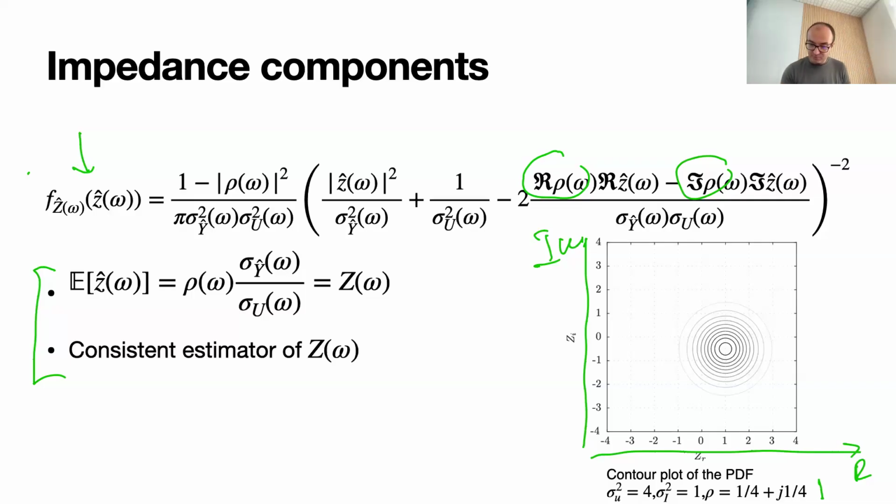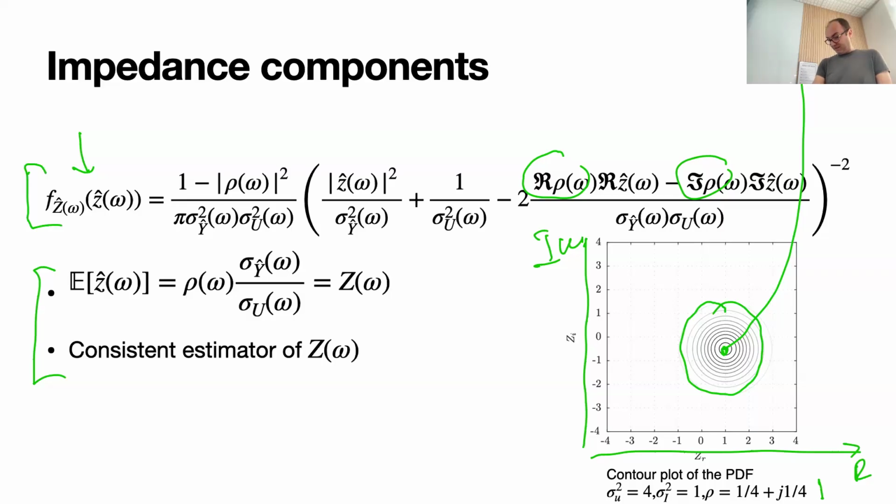And if we draw it, we see those concentric circles here. And the mean value is here. And the mean value is our measured impedance at that particular frequency. So we have circles like this for each frequency. So in order to find the impedance at one particular frequency, we have to find the mean value of this function.